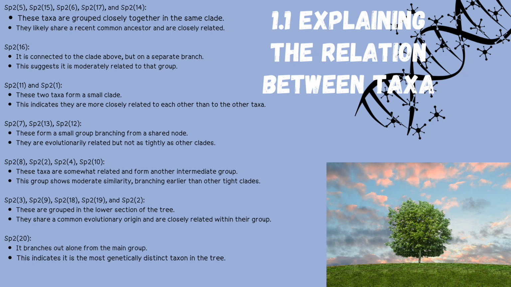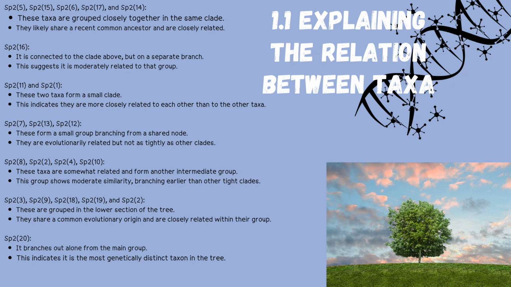Explaining the relation between taxa. sp2 5, sp2 15, sp2 6, sp2 17, and sp2 14. These taxa are grouped closely together in the same clade. They likely share a recent common ancestor and are closely related. sp2 16 is connected to the clade above, but on a separate branch.